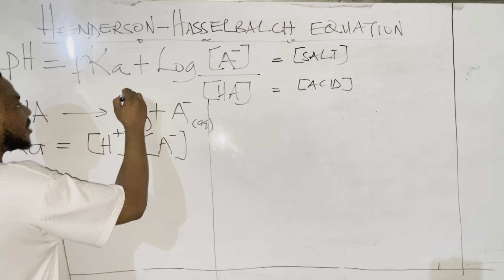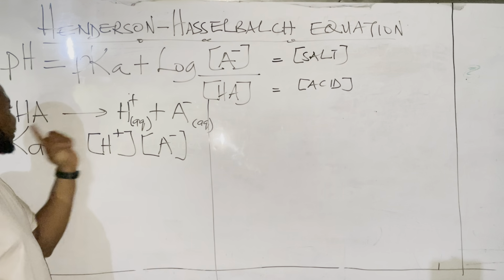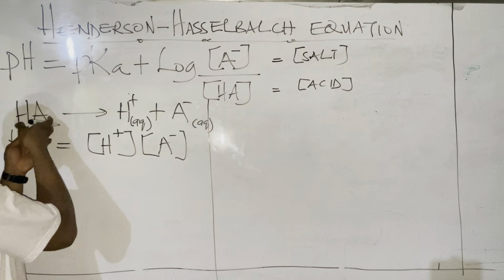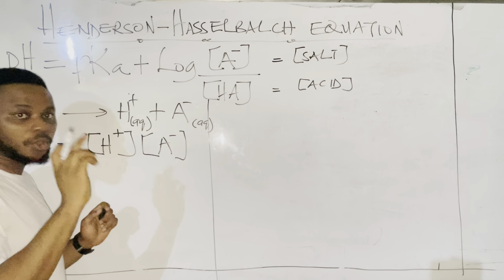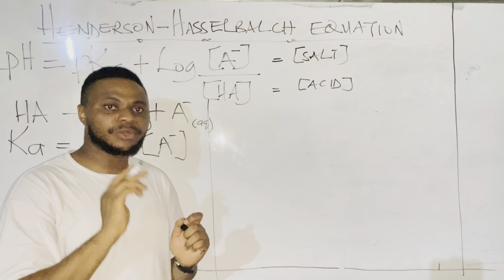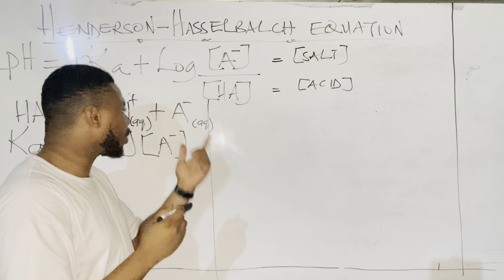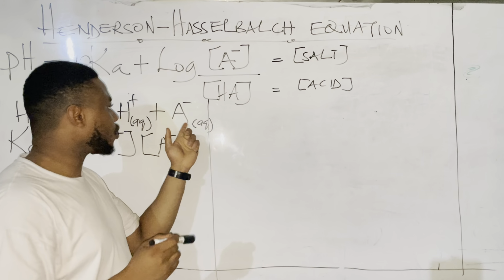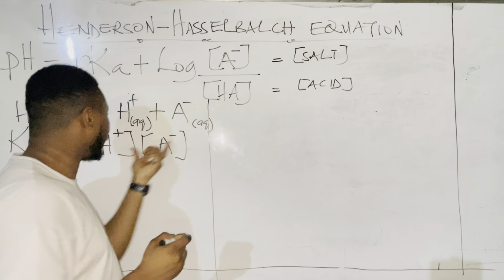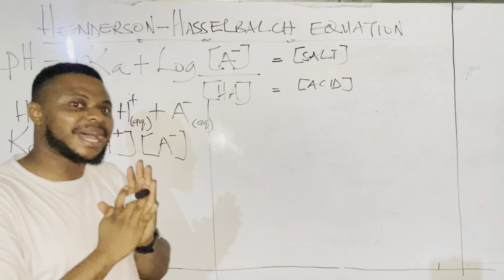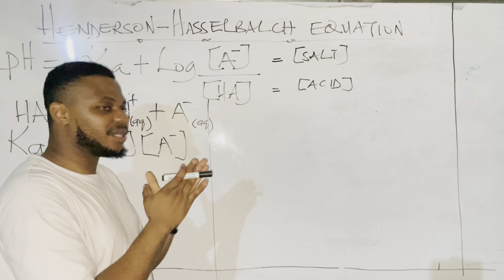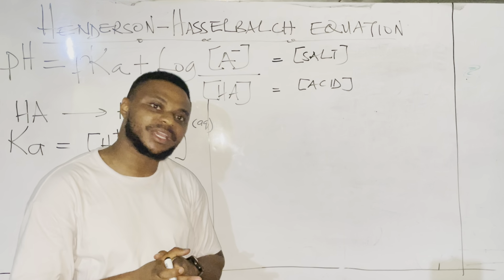Please note, this is the hydrogen ion that shows that it's an acid. Remember, an acid is a substance that produces hydrogen ion. A minus is called the conjugate base. The conjugate base is the ionic substance that is formed in the ionic dissociation of an acid, while a conjugate acid is formed in the ionic dissociation of a base.